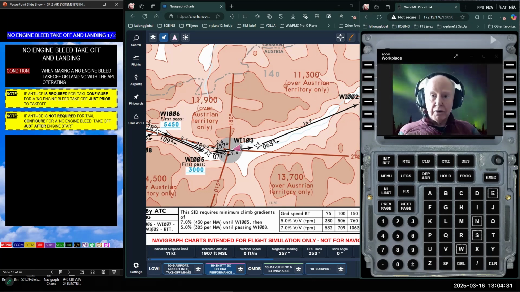So you can do it right at the gate. For purposes of facilitating a quick video, I've put us on the threshold of runway 26 at Innsbruck.